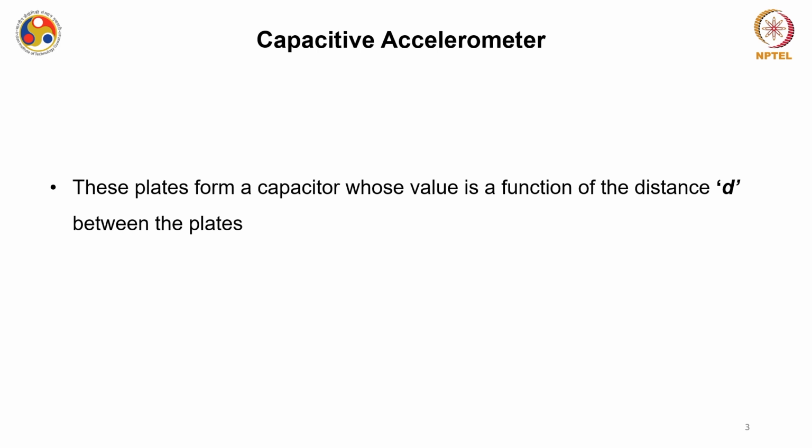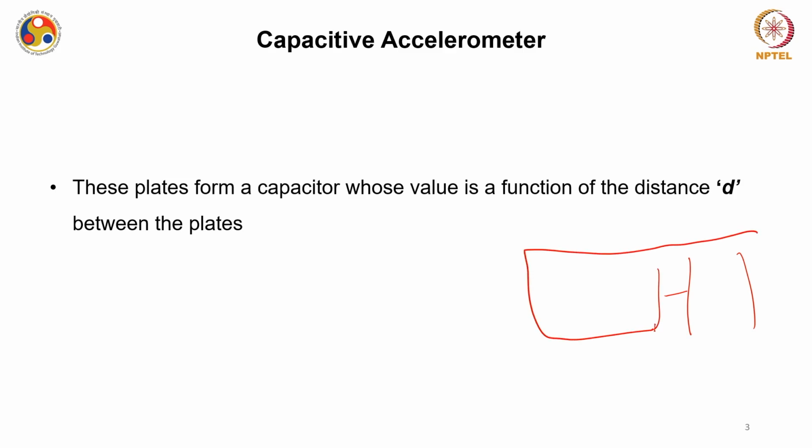Now these two plates, the plate connected to the housing and the plate connected to the inertial mass, actually make a parallel plate capacitor. So these plates form a capacitor whose value is a function of the distance d between the plates. Like any other parallel plate capacitor, one plate is connected to the housing.